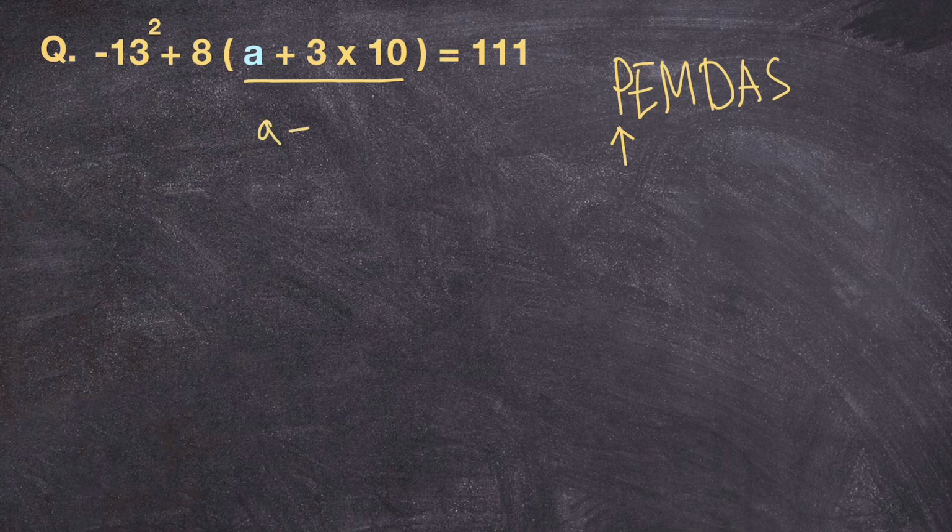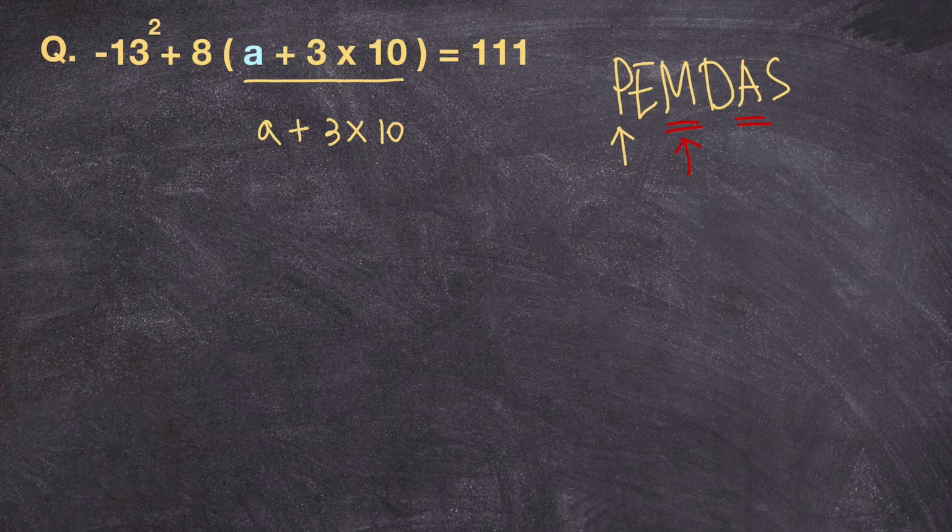And when we have that, we have another question of which operation should we deal with first? Should we deal with addition first or multiplication first? And according to the rule of PEMDAS again, addition comes after multiplication, meaning you need to deal with multiplication first and then deal with addition.